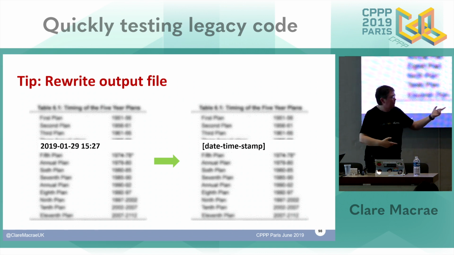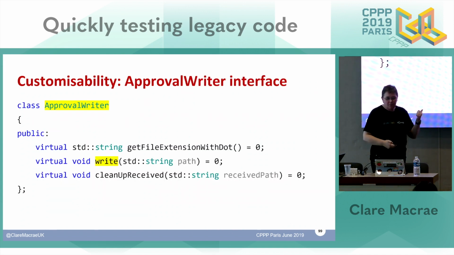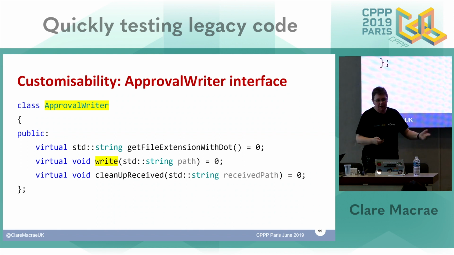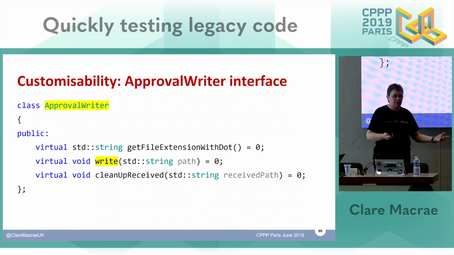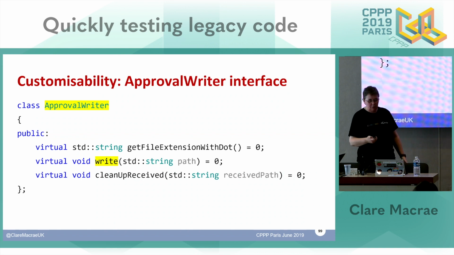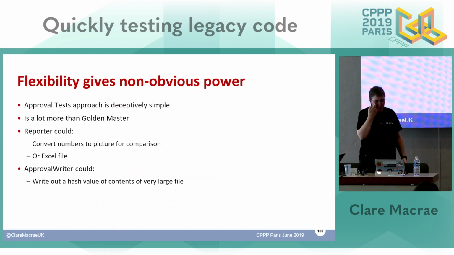This is one specific example of that general idea that you can take control of the data that your program has written out and change it in a way to make it stable for testing. There isn't time to go into the detail of this, but the class of interest here would be the approval writer interface, and you'd be looking at providing a custom implementation of its write method that allows your code to do the write and then reads the file back in and modifies it.